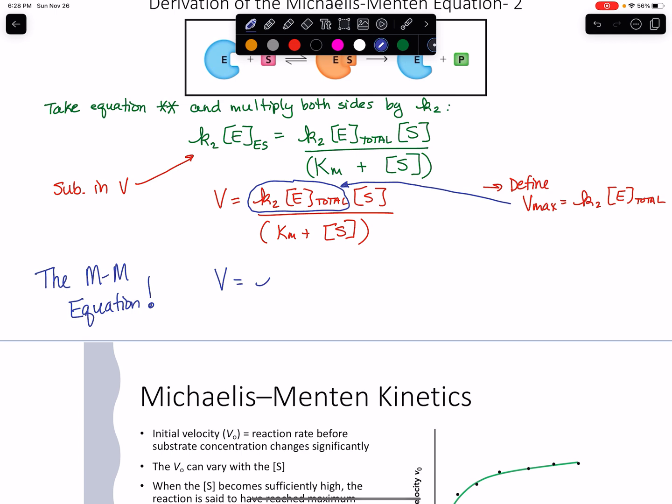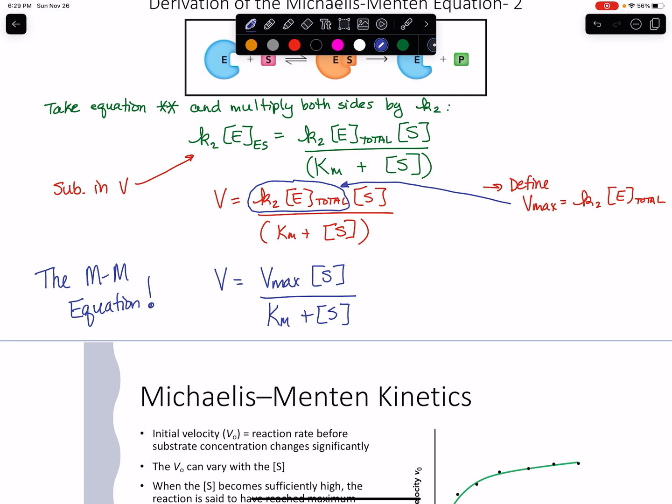So this is going to be Vmax times substrate concentration over Km plus substrate concentration.